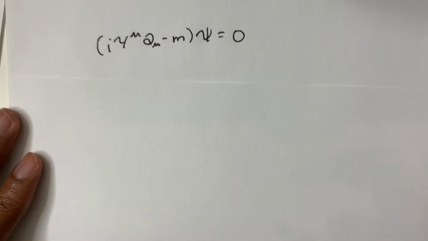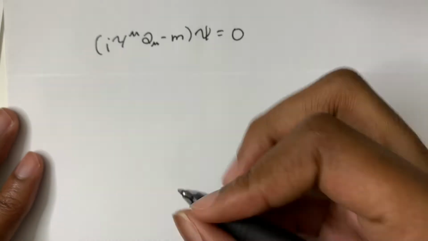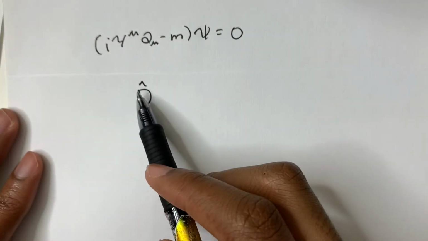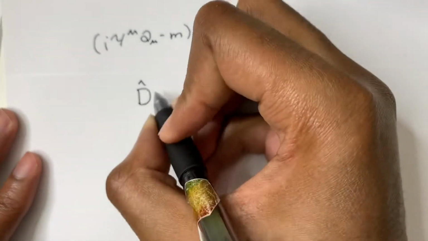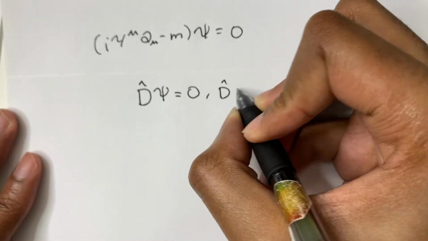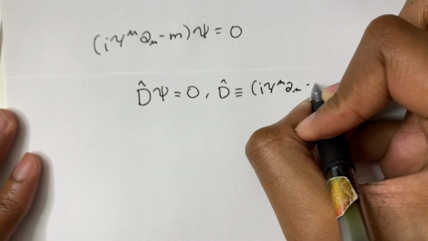So, what we can do is simplify this equation a bit. Let's define an operator called the Dirac operator. This acts on psi and outputs 0. We're going to define this operator as iγ^μ ∂_μ minus m.